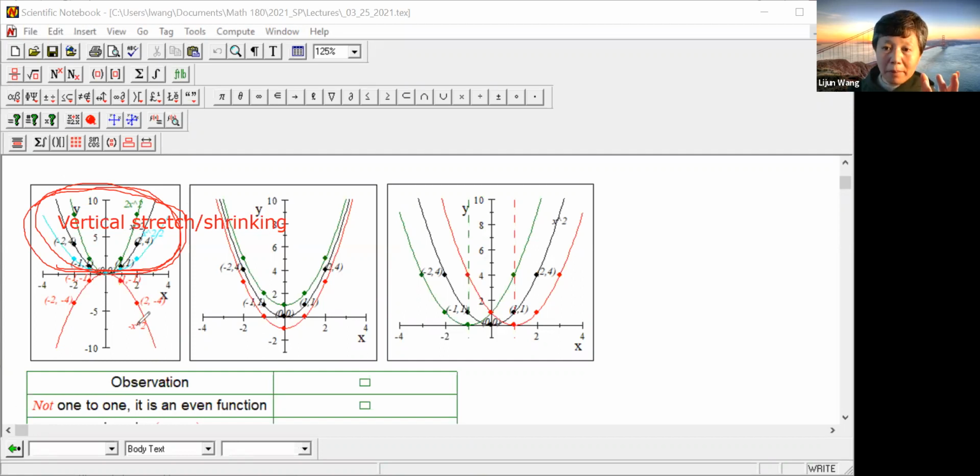So when you multiply the output by a number larger than 1, or multiply by a number smaller than 1, we're talking about absolute value, and that will make the vertical stretching or shrinking. But it's really hard to memorize this. Do you guys agree? So how did I cope with it as a student?